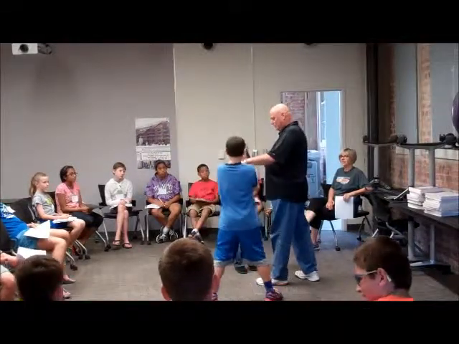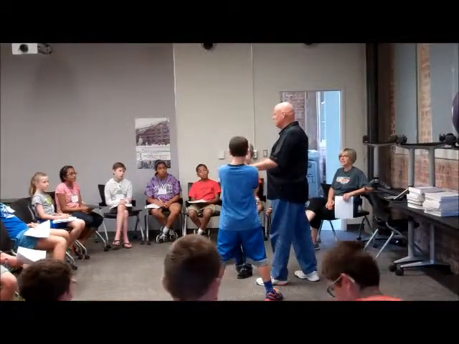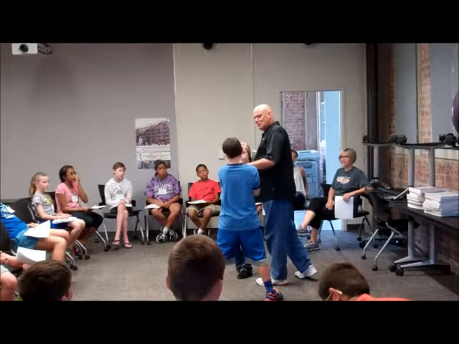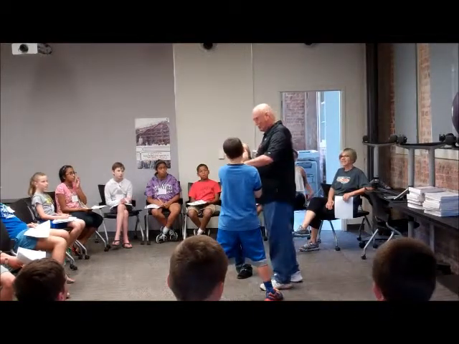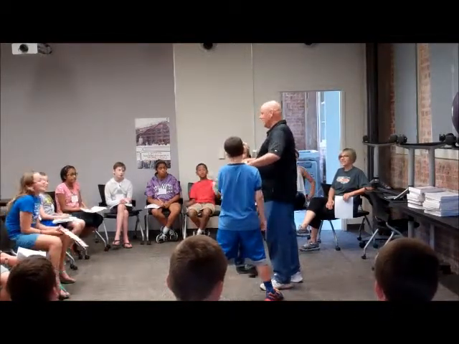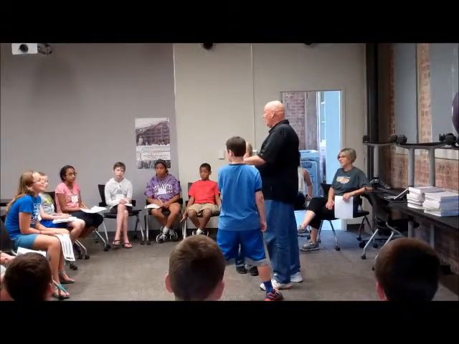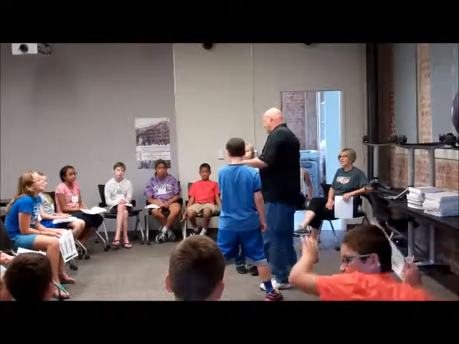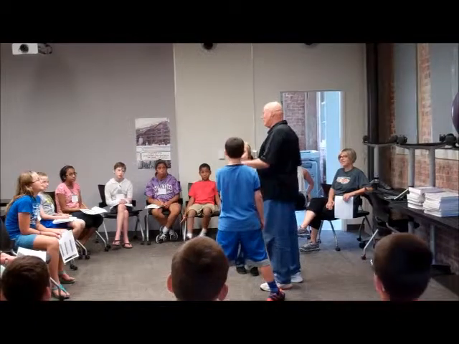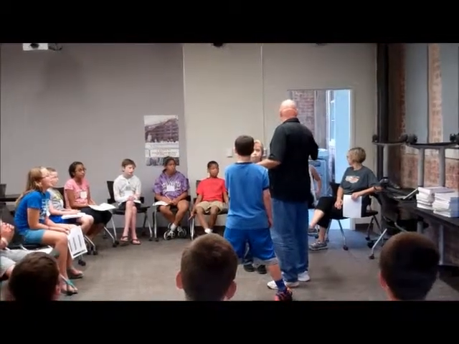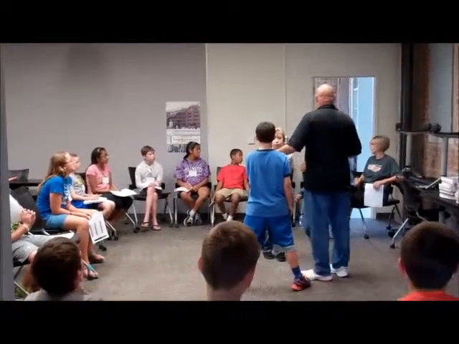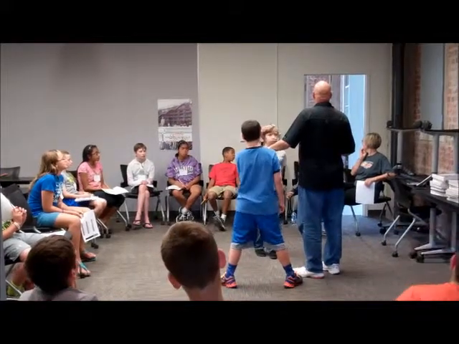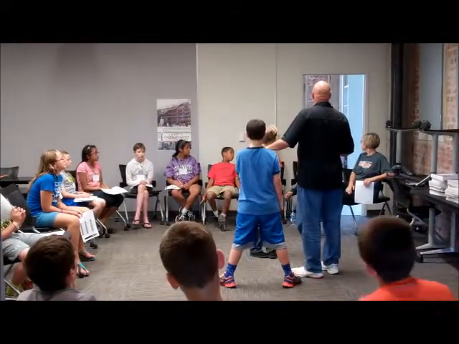But if we turn this beam this way, does it change it? Who said no? Who said yes? Is it going to deflect the same if I put it like that? No, it's going to be stronger because it can't bend as much because of the way it's oriented.